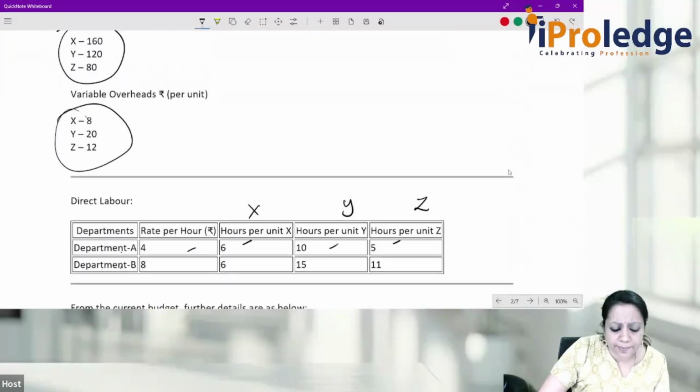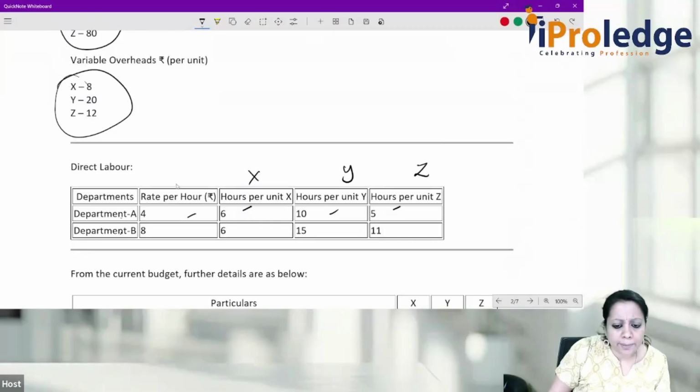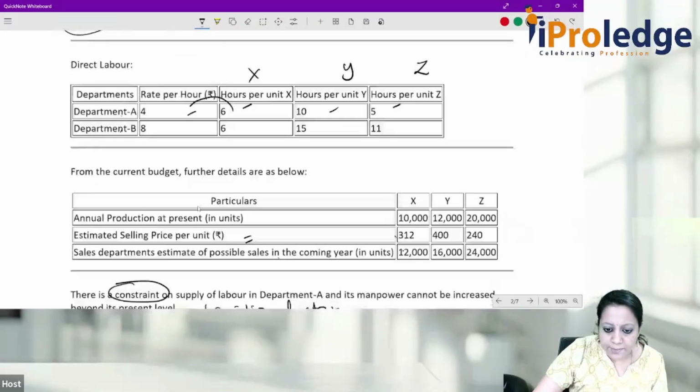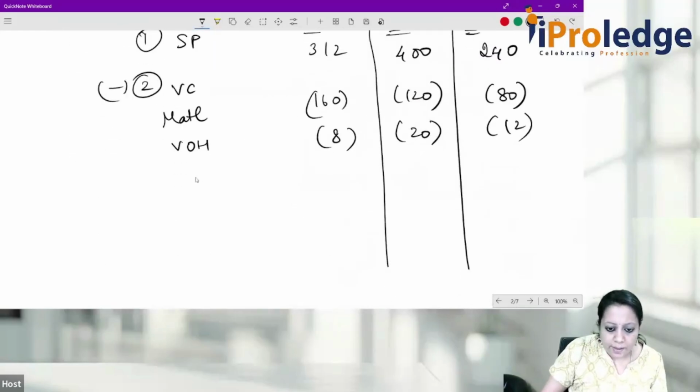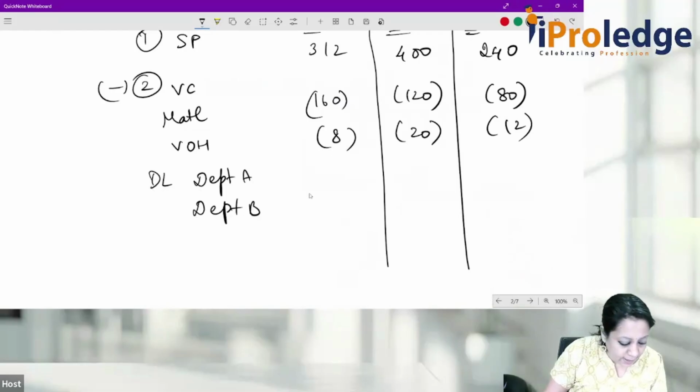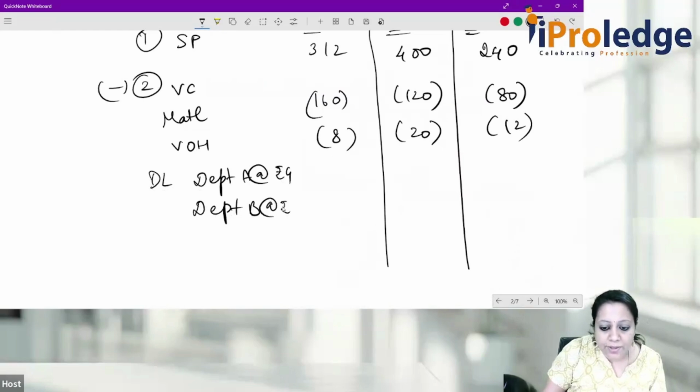Next is going to be direct labor. So you all know how to do, right? Direct labor for department A and department B. Let us see how to do. This is at the rate of 4. This is at the rate of 8. Given in the question.